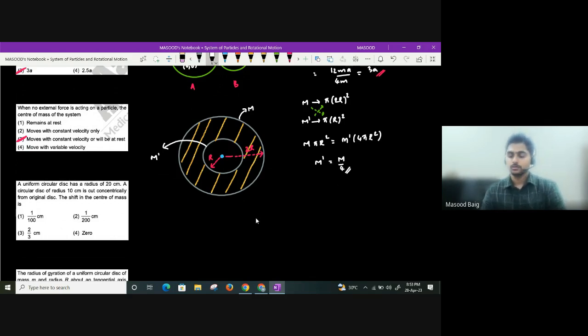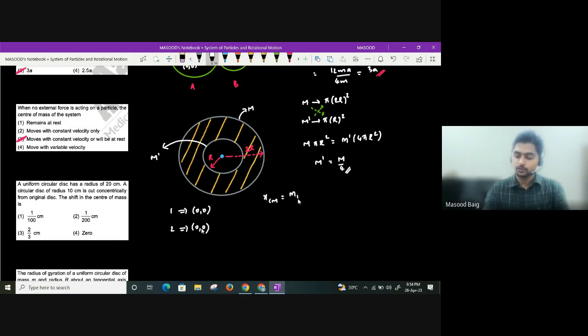Now, if you take the larger disk, I can consider the whole mass to be at the center. If you take the smaller disk also, I can take the whole mass to be at the center. So where is the center of mass lying? For the first disk it is lying at 0 comma 0. For the second disk also it is lying at 0 comma 0, because they are point masses.